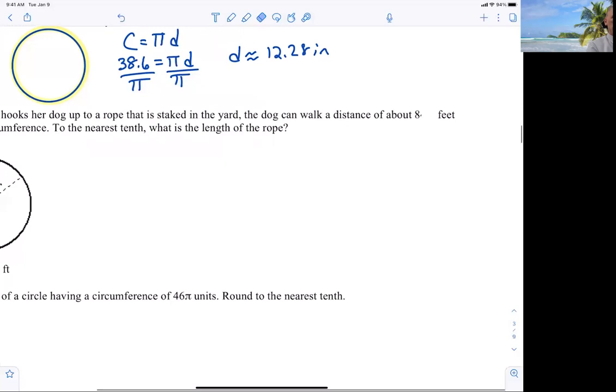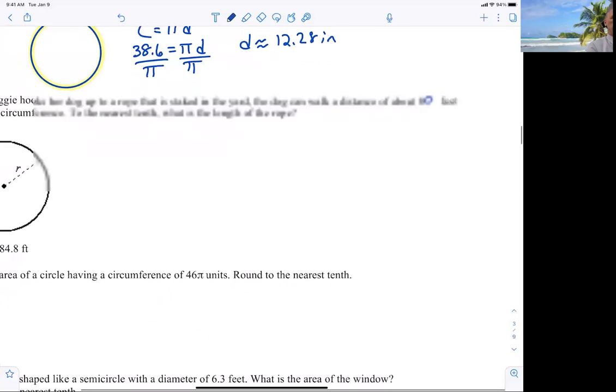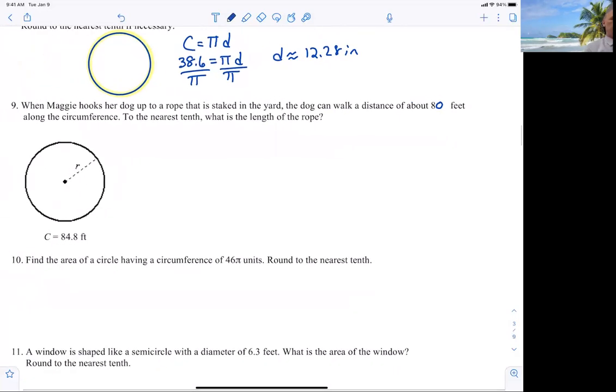Okay, so let's just say, everybody put in there, that's 80. Let's just make that 80 feet. Walk around about a distance of 80 feet. 80 feet along the circumference.